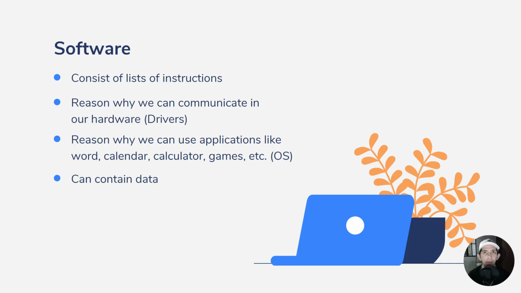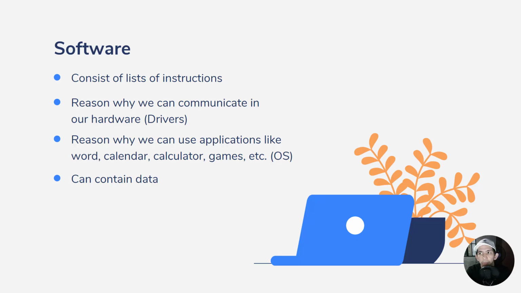And ang bawat software has a capability or a specific task na ginagawa ang isang particular na software. So let's say, pagka sinabi nating Photoshop, Photoshop is good for editing, enhancing photos.